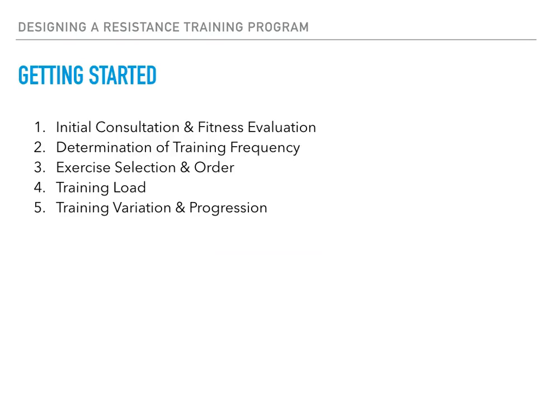So now that we have an idea about the principles involved in resistance training, let's get an overview of the step-by-step process that we would actually use to design a resistance training program. First, we need to start with an initial consultation and fitness evaluation. Now, what this entails will be different depending on the setting that you work in.